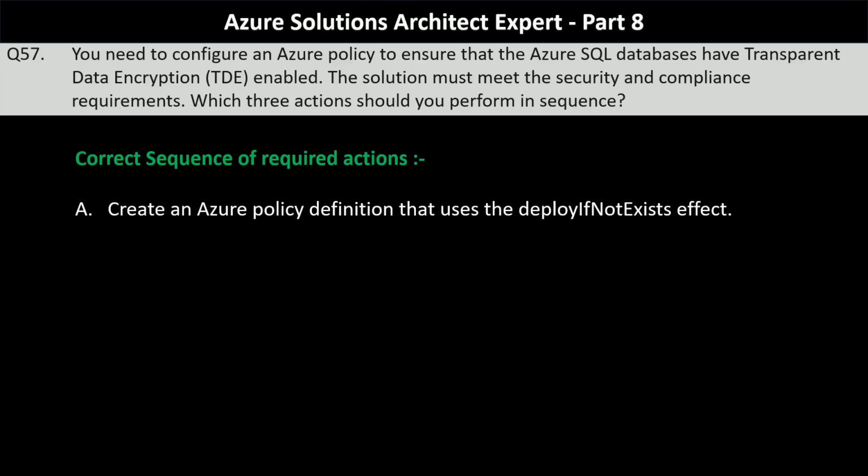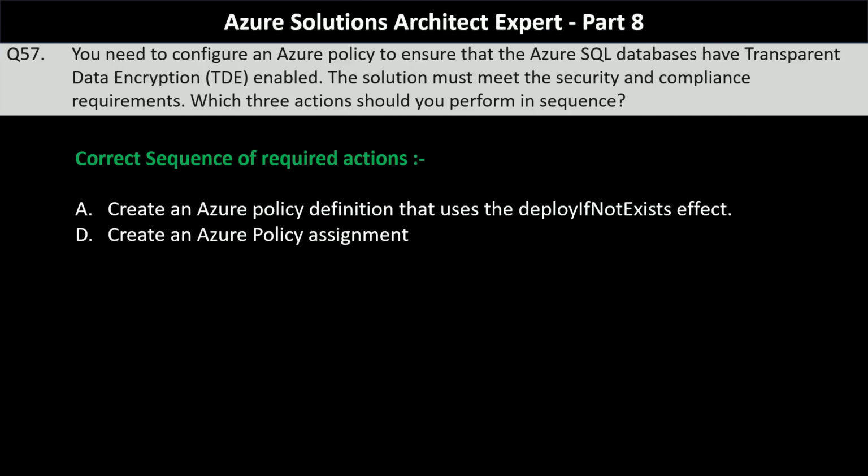Friends, the first action you need to perform is to create an Azure policy definition that uses the deploy if not exists effect. This effect ensures that if TDE is not enabled on an Azure SQL database, it will deploy the required configuration to enable it. You will define a policy rule that checks if TDE is enabled and deploys if it is not. Since you have created the definition, the next action is to create a policy assignment.